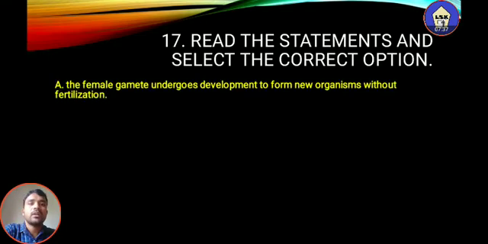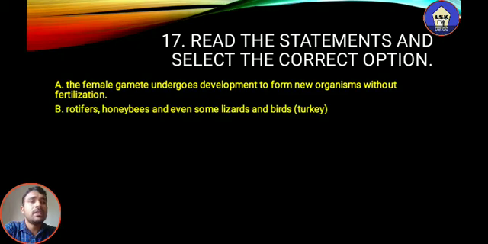Now question number 17. Read the statements and select the correct option. So what are the statements? Statement A. The female gamete undergoes development to form new individuals without fertilization. Statement B, honeybees and even some lizards and birds.